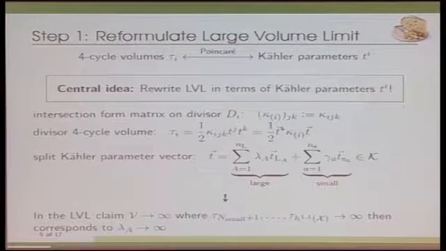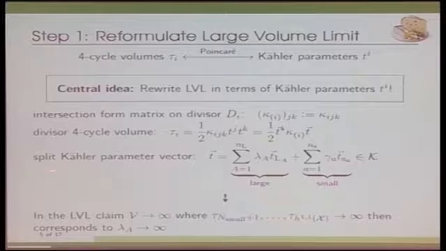And then instead of sending the taus to infinity, we're going to send certain directions in the Kähler parameter space to infinity, which, if you know the expression of the taus in terms of the t's, is an equivalent statement.